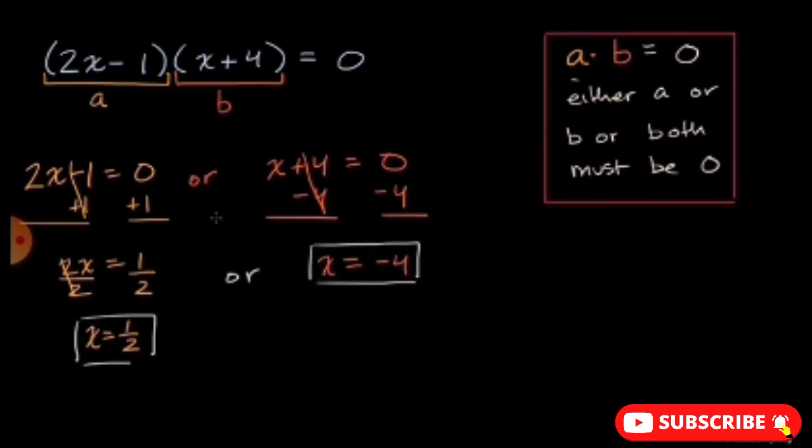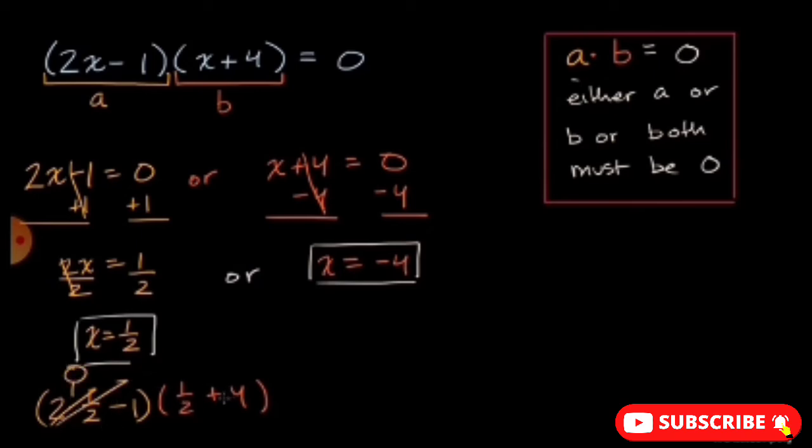And I think it's pretty interesting to substitute either one of these in. If x is equal to 1/2, what is going to happen? Well, this is going to be 2 times 1/2 minus 1. That's going to be our first expression. And then our second expression is going to be 1/2 plus 4. And so what's this going to be equal to? Well, 2 times 1/2 is 1. 1 minus 1 is 0.